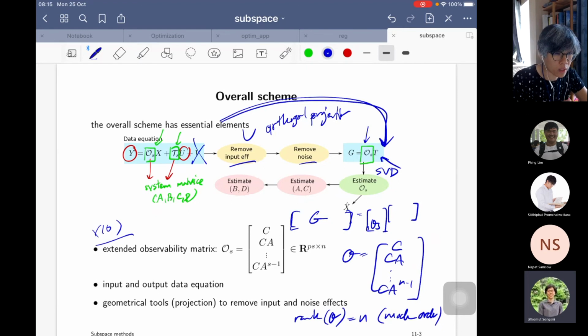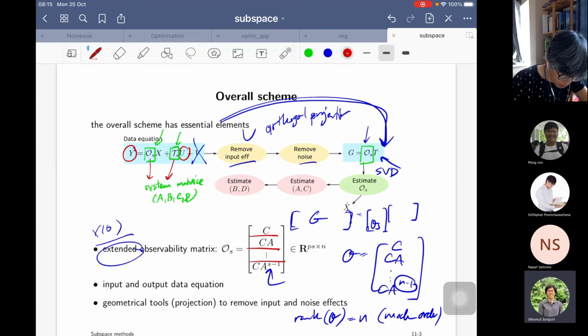What we consider in this method is the extended observability matrix, where you extend this n to be any integer s. So basically, you're going to have C, CA, and so on.